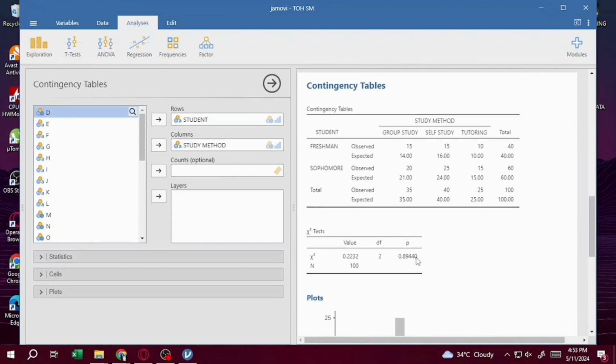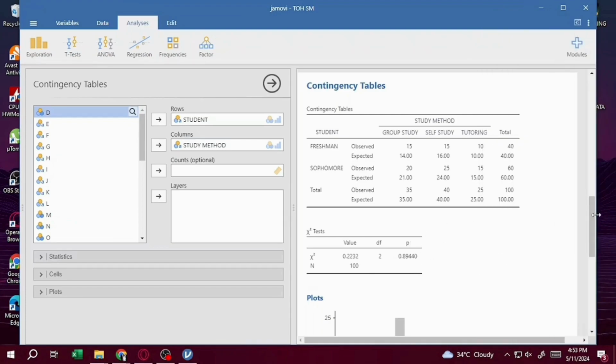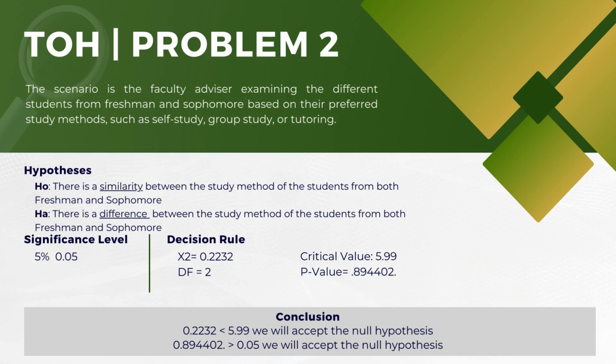So now you can see the chi-square test. We have the same values as the ones that we got in Excel, and here using Jamovi. The totality of the computation is similar to what we got in Excel. Again, the significance level that we use is 5% or 0.05, and the values under our decision rule are chi-squared 0.2232 with the degrees of freedom equal to 2.